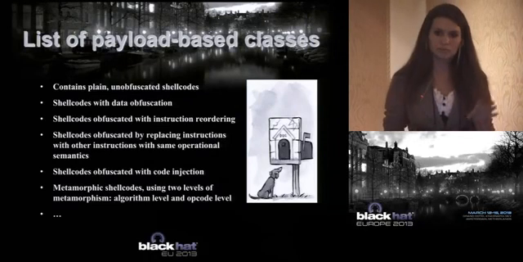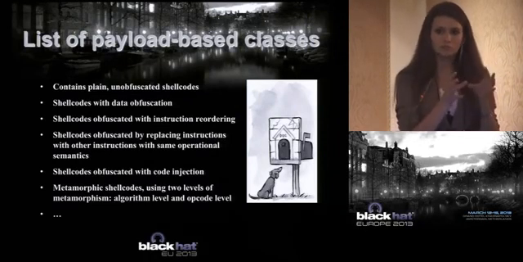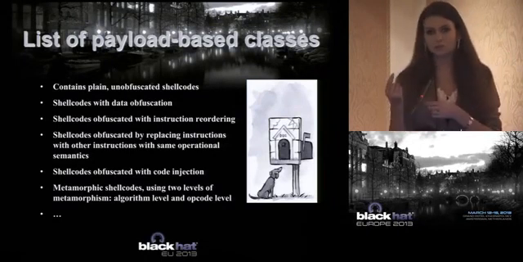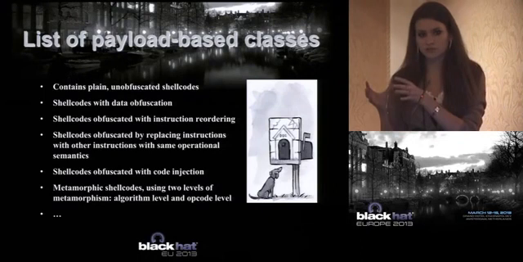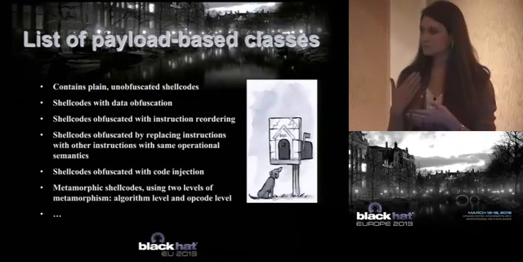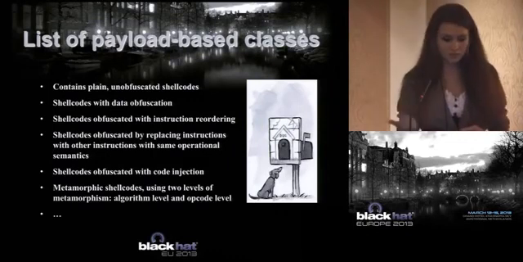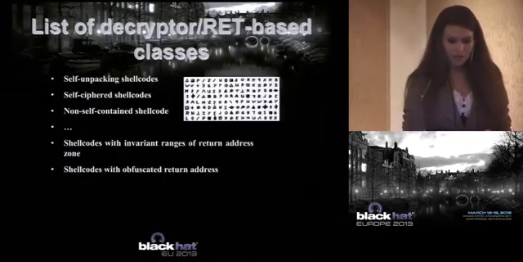While in polymorphic shellcodes we have a strict kernel of a program, and we do some obfuscation on that kernel, in metamorphic shellcodes we first of all change the kernel of the program, and after that we can apply some polymorphic modification. So we have two levels of obfuscation.